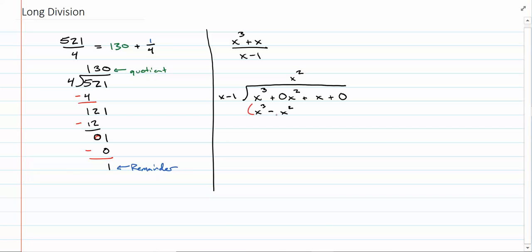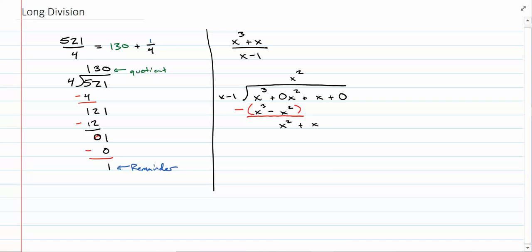I'm going to subtract that just like I was doing with the numbers. x cubed minus x cubed is 0. That's by design. Then you have to be a little careful here. 0x squared minus a minus x squared would actually be a positive x squared.